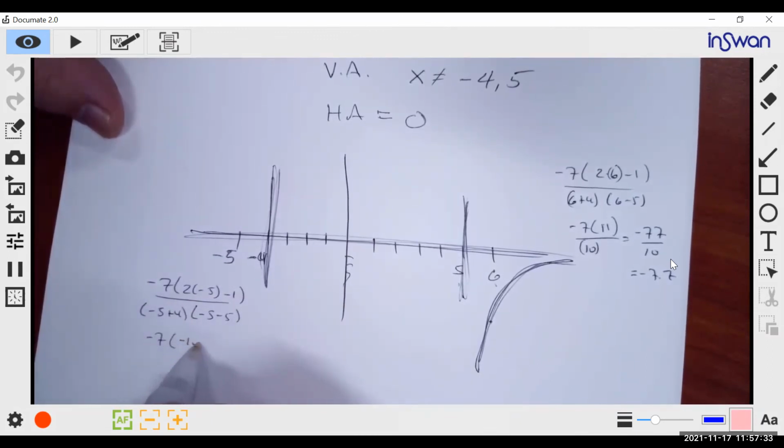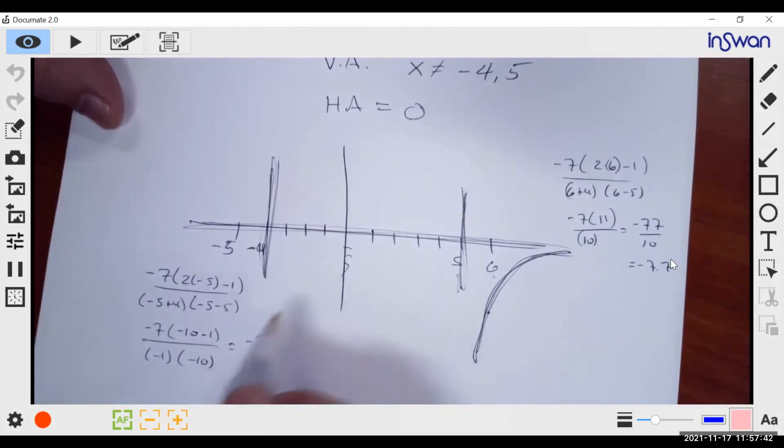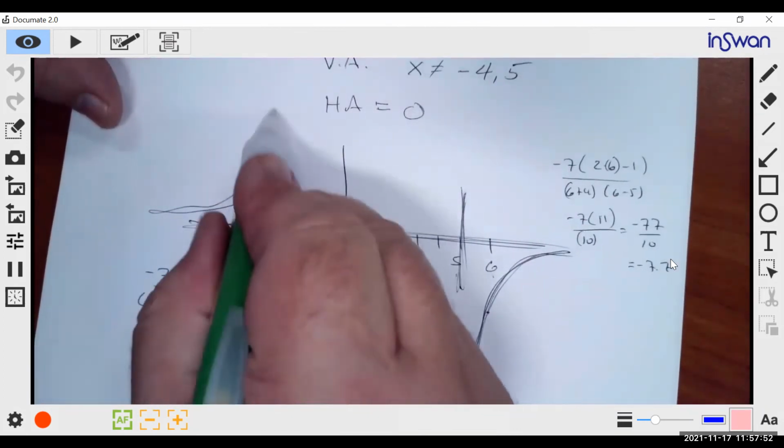So it's -10 minus 1, -11, over 10. So it's +77 over 10, which is just the opposite shape, opposite side. So it's like this.